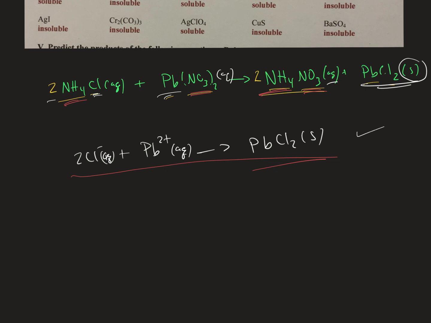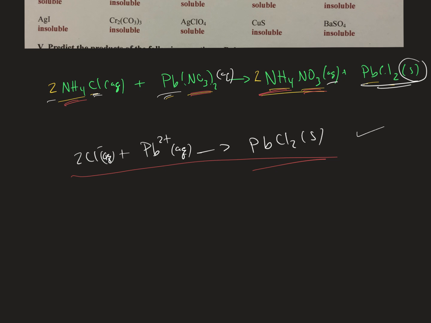You put a charge for Pb, and the charge for Pb is plus 2. This one right here is nitrate, NO3. Do you know the charge of nitrate?